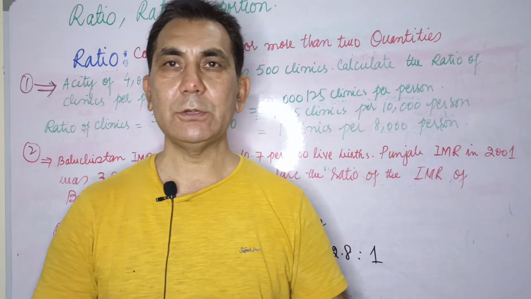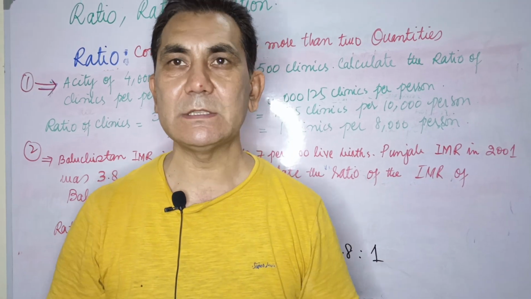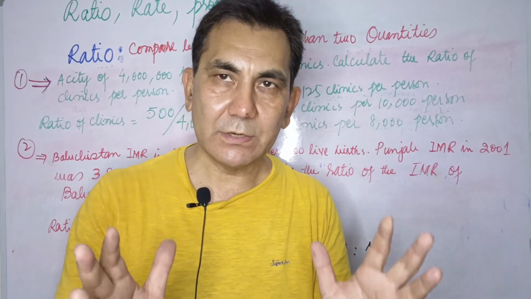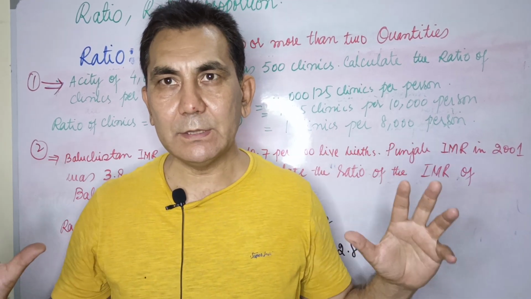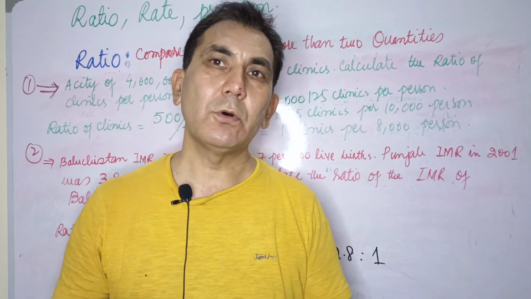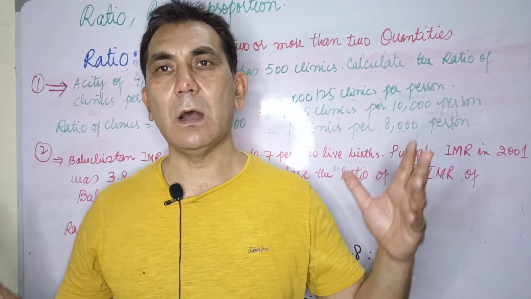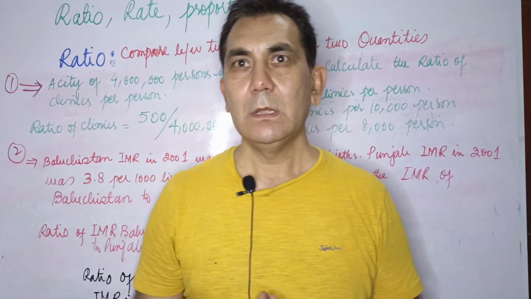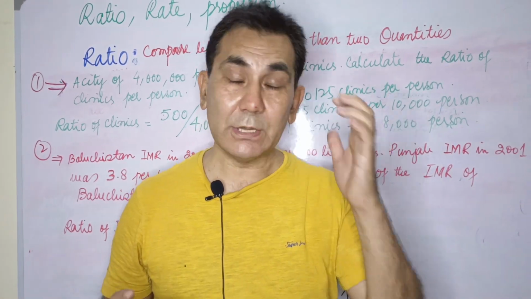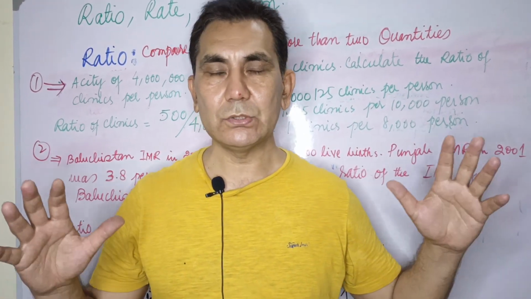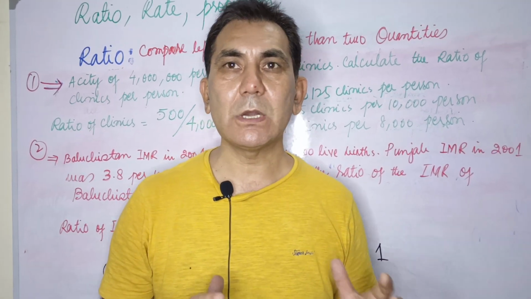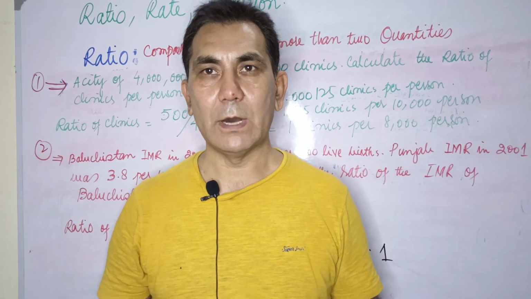I hope in today's lecture your concept about the ratio is clear: what the ratio is and how to calculate it. Ratio is the comparison between two or more quantities, values, or numbers. We can calculate the ratio in two formats: one is the part to part format, and the second is the part to whole format.